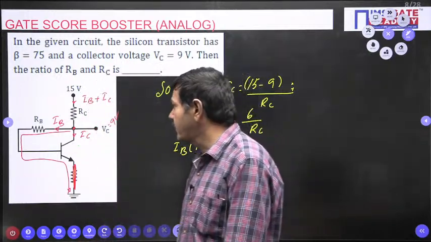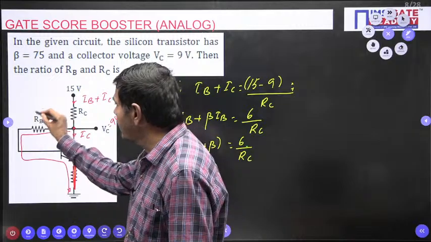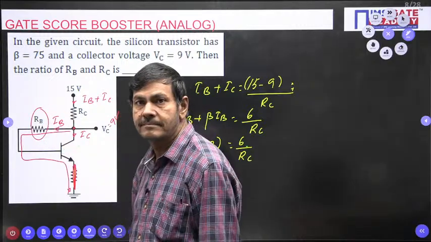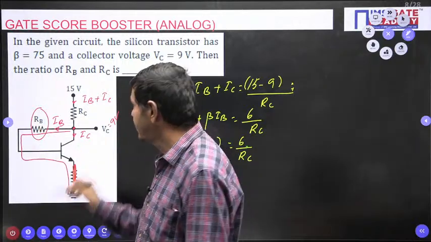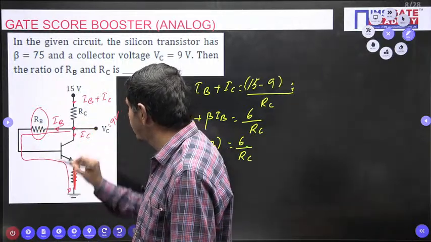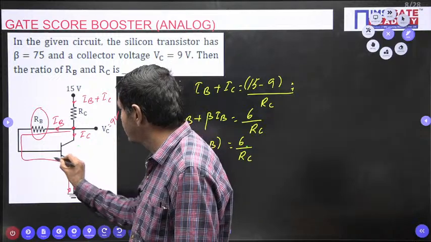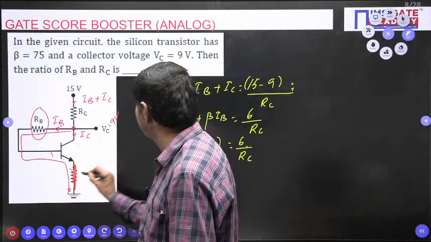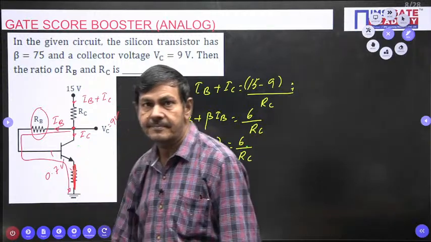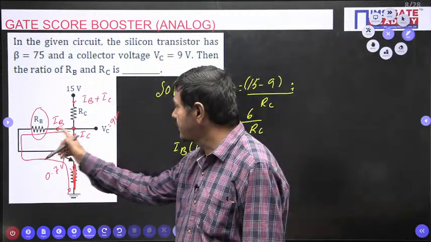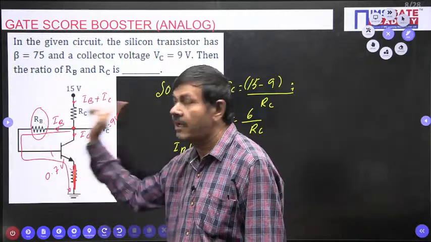Otherwise directly you can write now. IB is nothing but the current across this RB, voltage across RB by RB only. This voltage you know, 9 volts. This voltage drop you know, 0.7 volts we know very well. So base current is nothing but 9 minus 0.7 by RB.